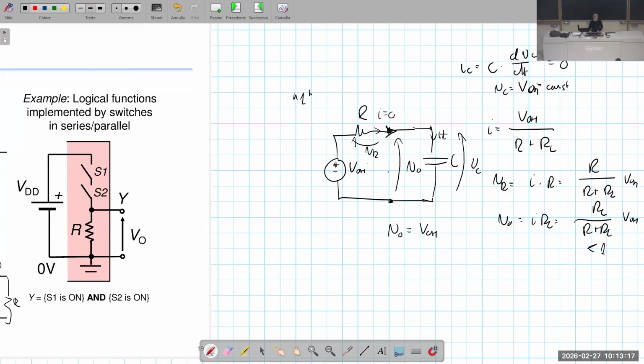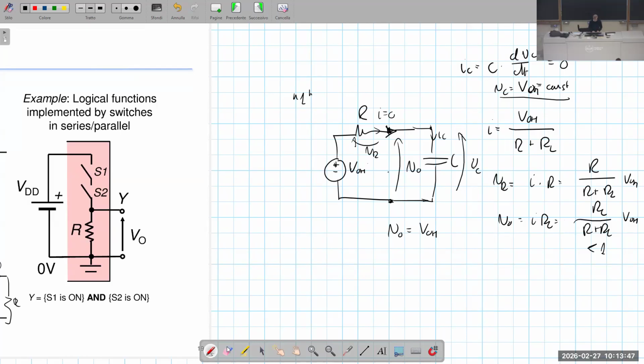So the current flowing through the gate is 0 in the static conditions, when the digital output is at a fixed state, we are not considering the transitions from one state to another. As far as the output of the gate is constant, we have no current flowing here, which means that the capacitor can be regarded as an open circuit.